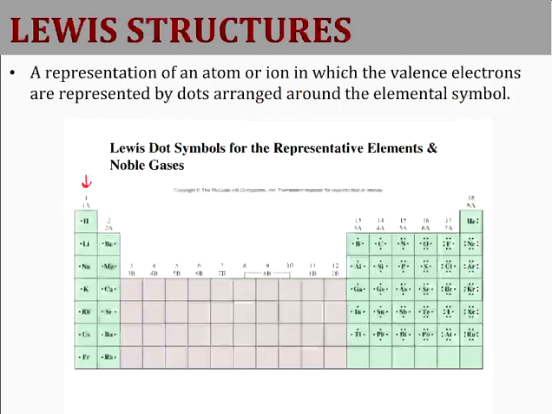And then in group 2A, everything has 2 valence electrons, and we're going to represent those as 2 dots. Now, you'll notice the dots are not paired up, they're separate from each other, and you don't necessarily have to place them on opposite sides.